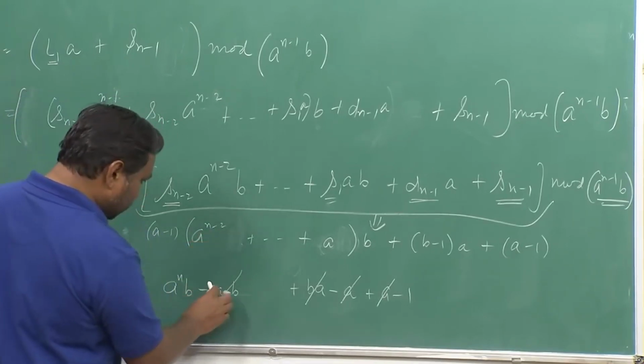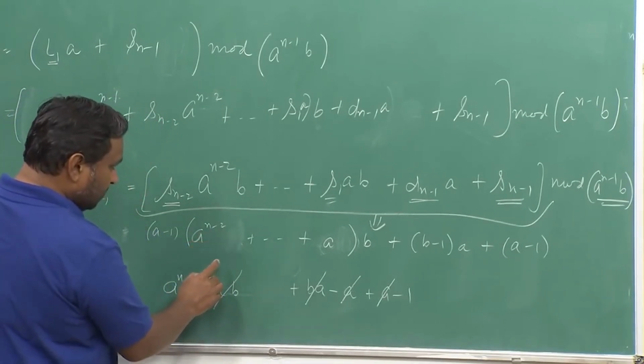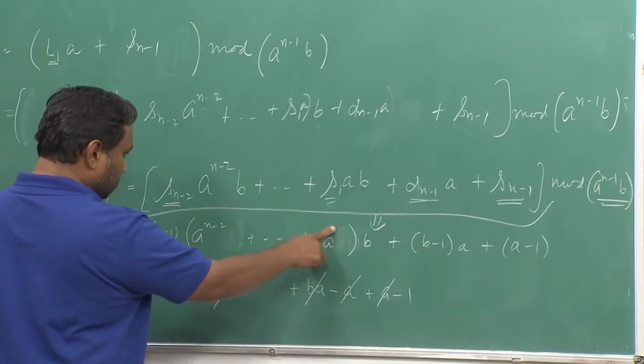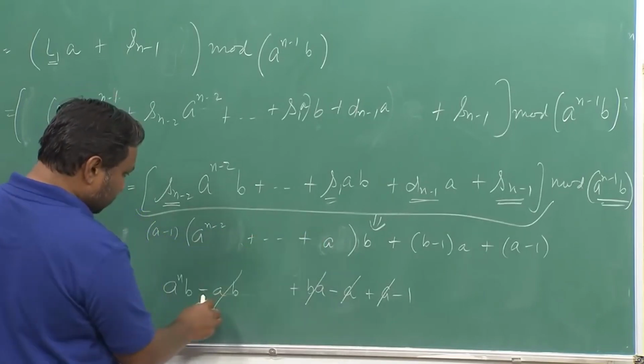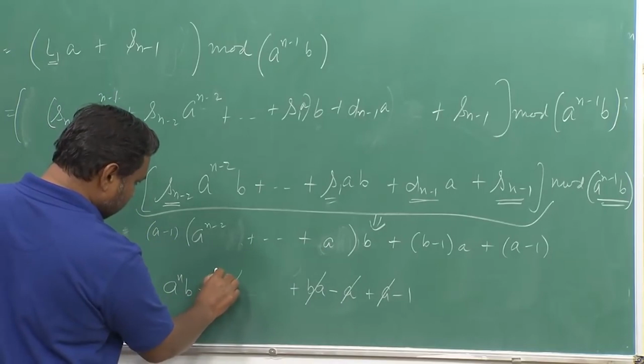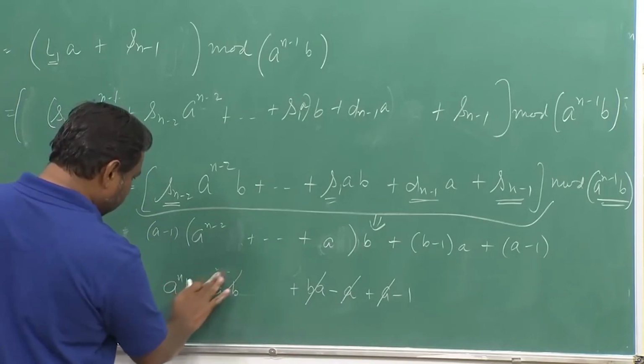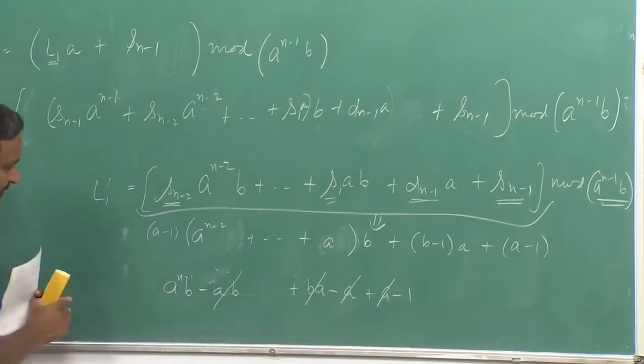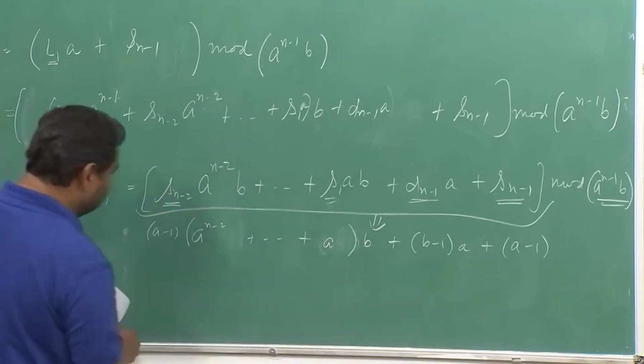Sorry, this should be n minus 2 terms, this is 1. Total A raised power not n minus 1, but A raised power n minus 2 terms. So, this should be A raised power n minus 1. Okay. Let me just do it again so that for clarity.